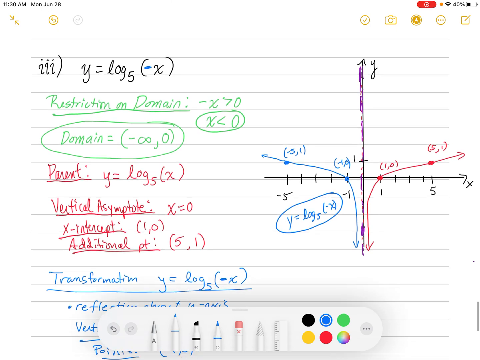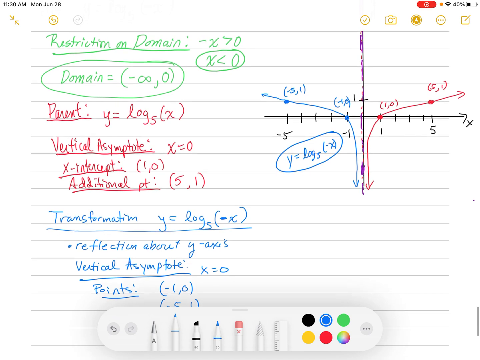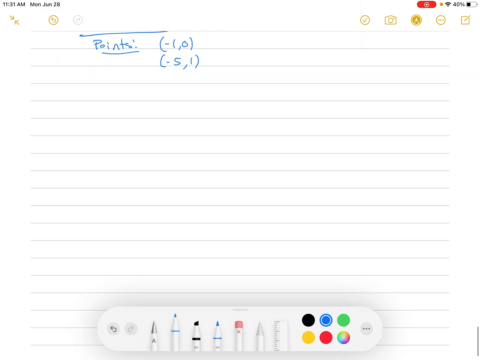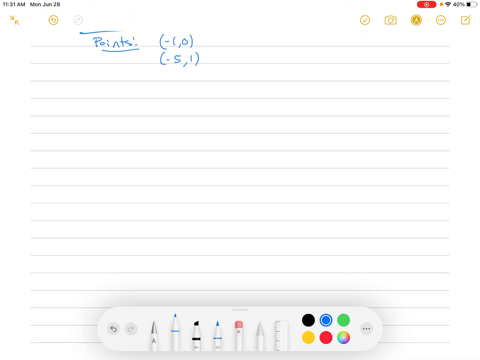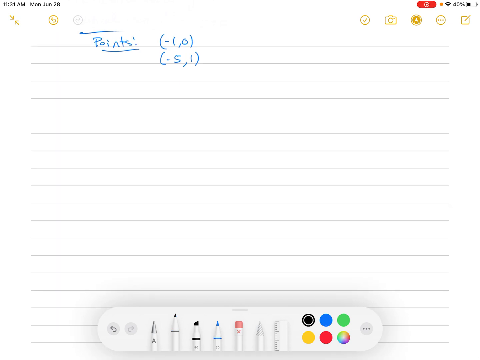So this is labeling these points, (-5, 1) and (-1, 0), and this is the graph of y equals log base 5 of -x here, the blue. All right, so that's a logarithmic function that's been reflected about the y-axis.